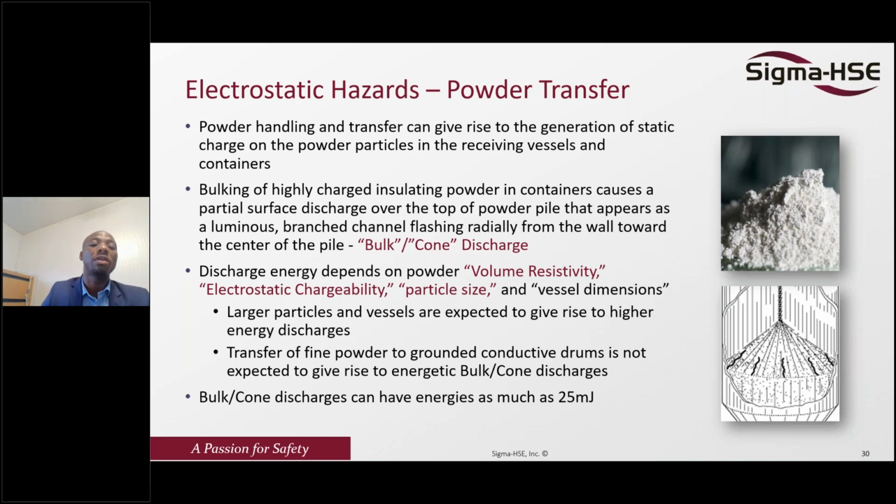Depending on the volume resistivity of the material, whether it can retain charges or dissipate charges. If it can retain charges for a long time, you can see in the picture from the bottom, when filling, these dots, kind of growing or luminous charges, which will form on the surface in the form of a cone. And this can generate energy up to 25 millijoules, and it can ignite gases and solvent.